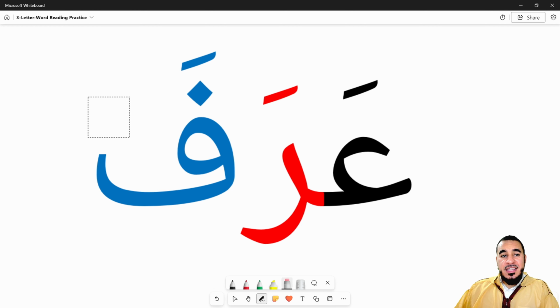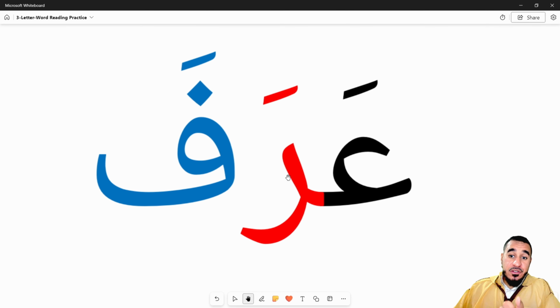But because it's at the end of the word and the letter before it does not allow for the letter that comes after it to be physically attached, then the fa will come in its solo letter form. All right? And this whole word together is arafa.